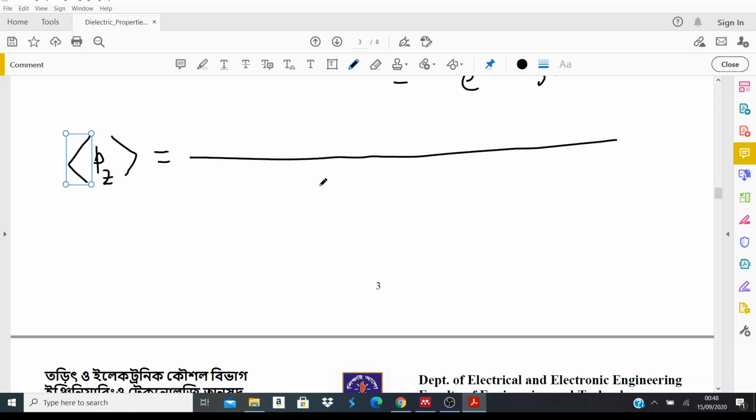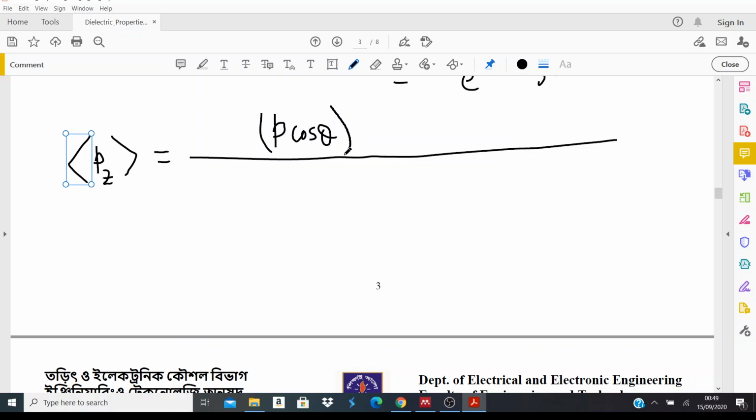You need to put down the expression of Pz. For all the moments lying on the annulus in the picture, P cos theta is the contribution along the field direction.